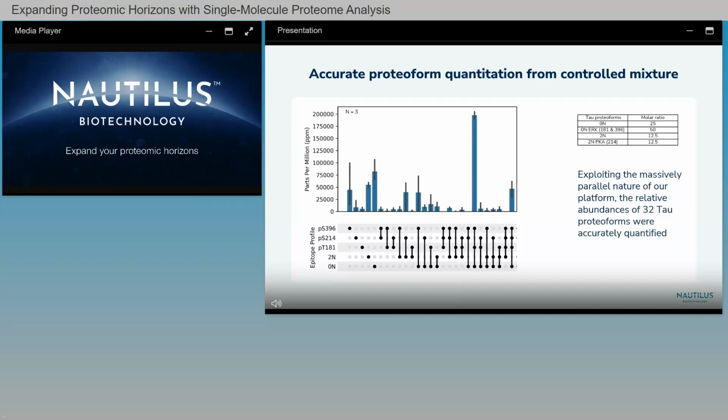So to validate that the platform was behaving itself and was able to make an accurate measurement, you can see the amount of material that was the 0N form. You can see the 2N form. One can then look and see this individually phosphorylated at 214 with our very precise PKA. And then one can also see the amount of that 0N doubly phosphorylated.